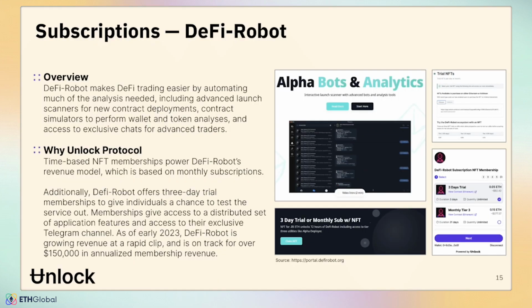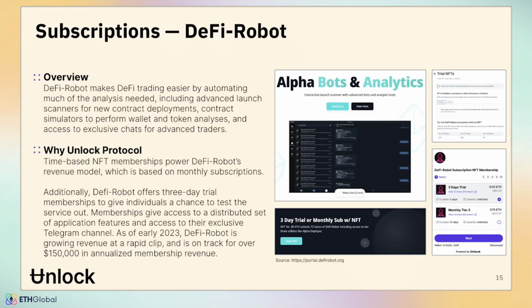An example here that is really powerful, I think, is DeFi Robot. DeFi Robot provides trading tips and mechanisms to automate some of the trading. And what's interesting about that membership is that it's using Unlock, obviously, on Ethereum mainnet. The monthly membership, if I'm correct, is about $300 or almost $300, which is a very pricey one.